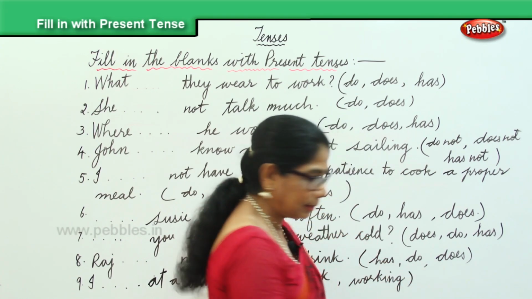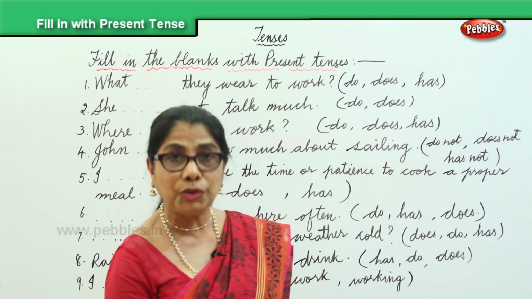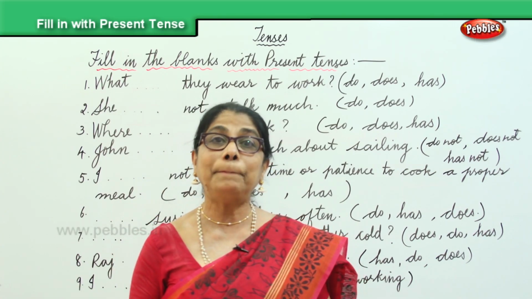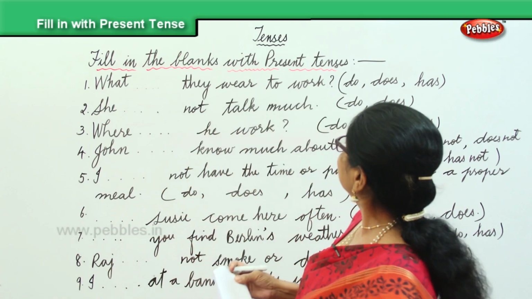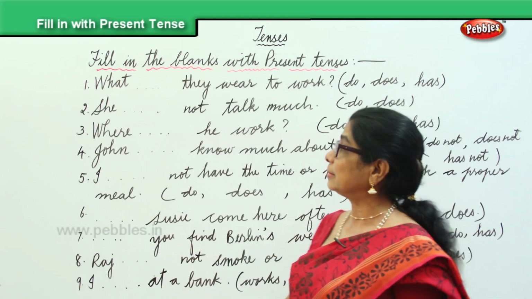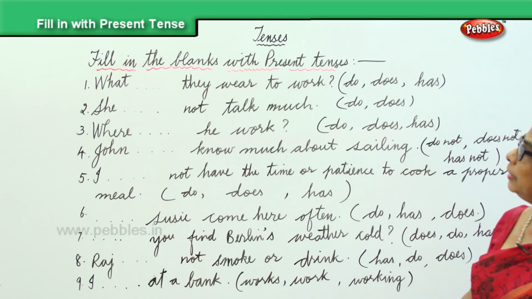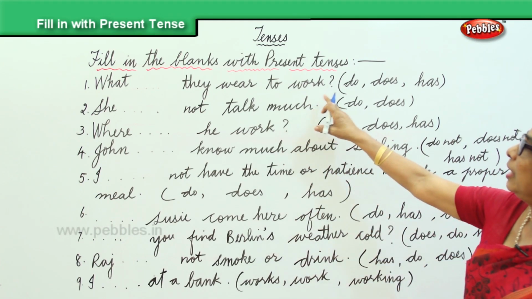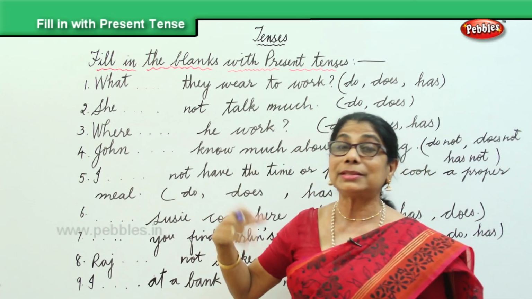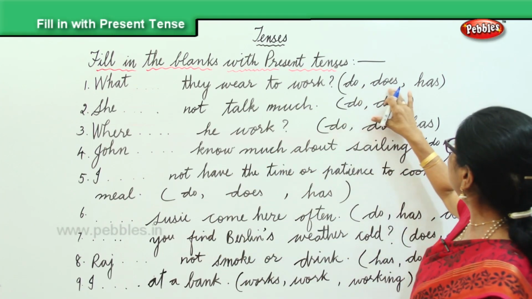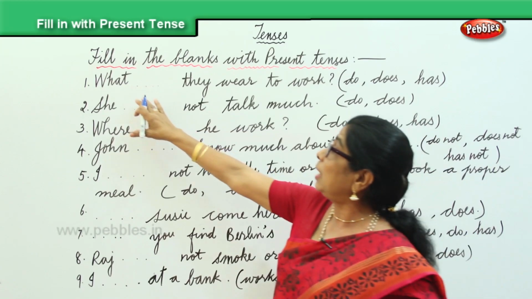Now we got sentences here, and we're going to fill in together the present tenses. In the first one we have, what dash they wear to work? You choose from do, does, has. So what will you say?